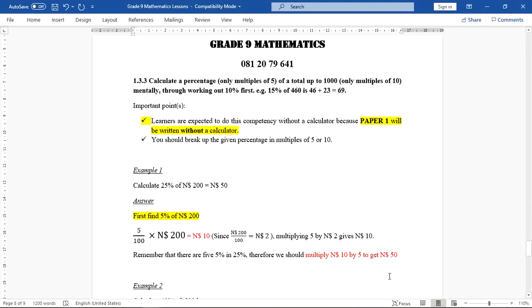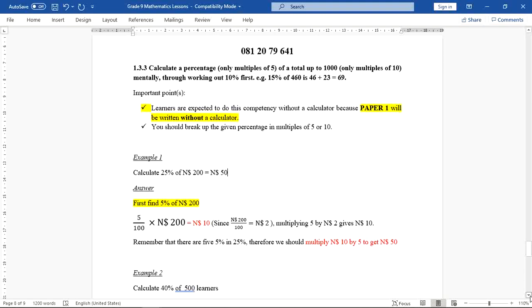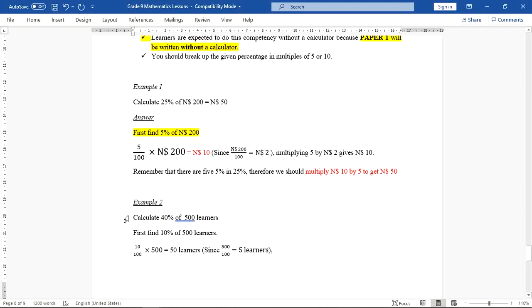Alright, let us move to the second example. You want to calculate 40% of 500 learners. So you want to find out what 40% represents in 500 learners. What you need to do, you should break up your 40% into tens. So first find 10% of 500 learners.